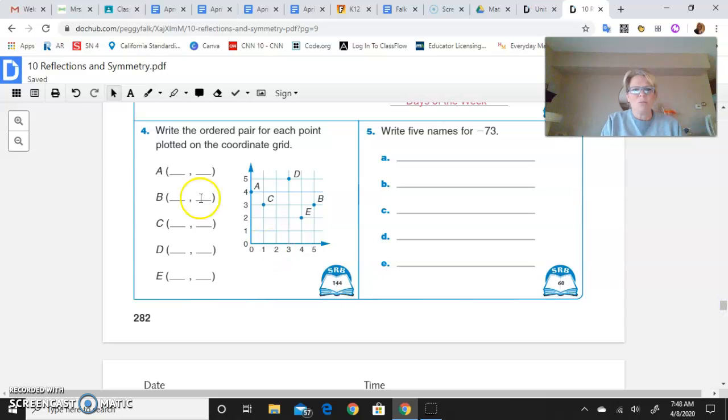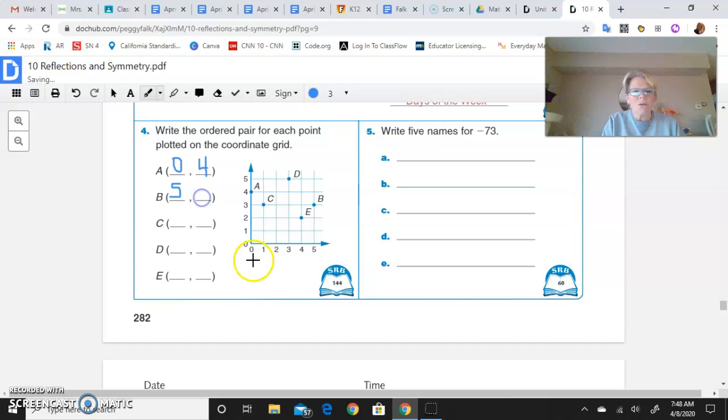Okay, then we need to plot points. So A is at, oh, I don't have to go over. I'm going to stay right at 0 and go up to 4. So the coordinate point for A is 0, 4. B, I have to go over to 5 and up 3. So 5, 3.